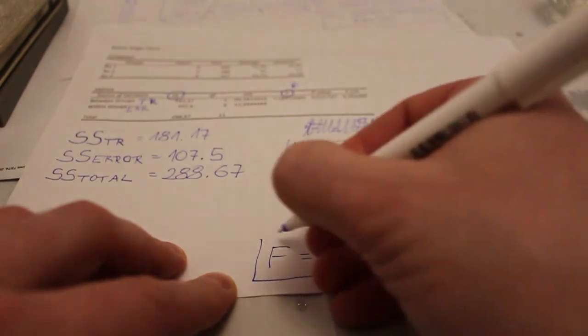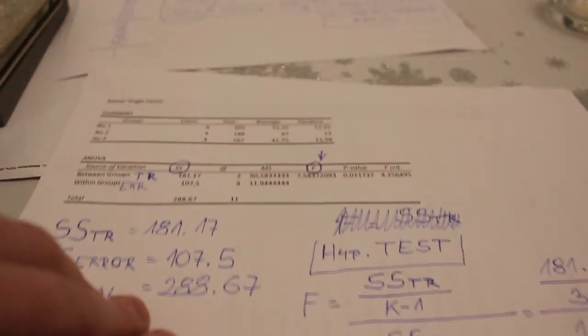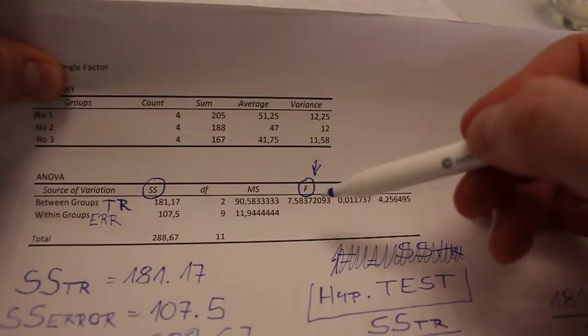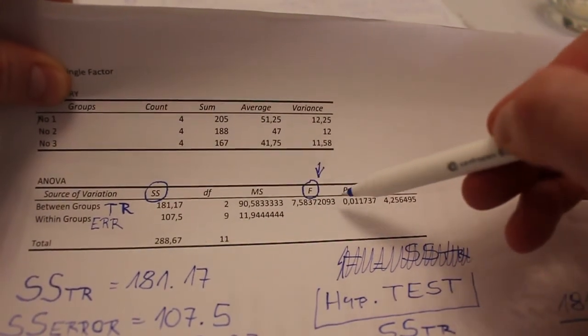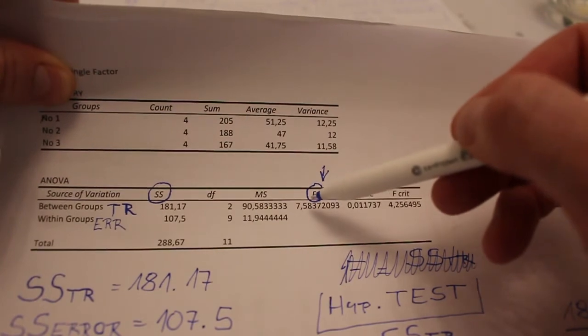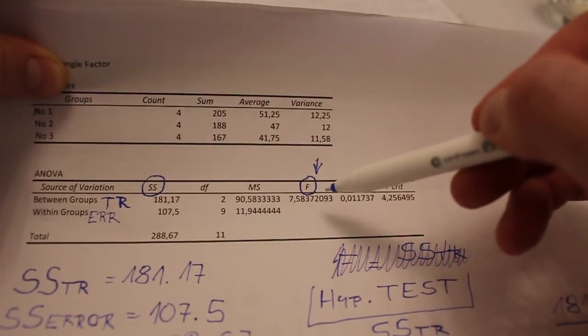So this is the value of the Fisher F statistic. And if you check this table, which is calculated in Microsoft Excel, you can find here this Fisher F value. Okay, so 7.58, I calculated this correctly.